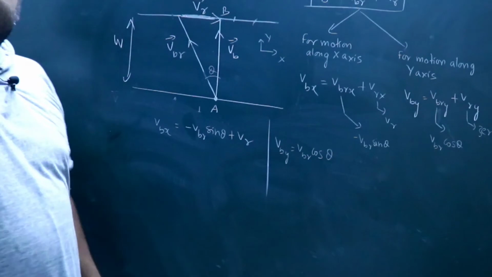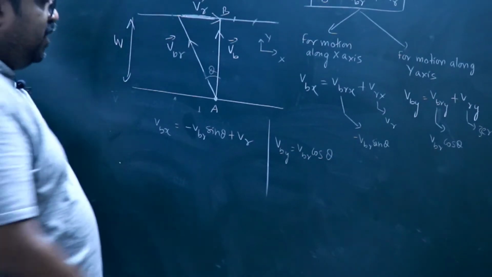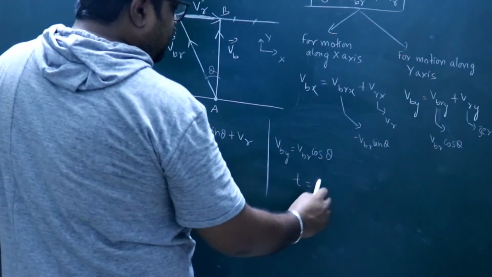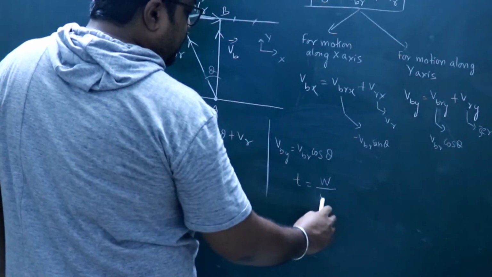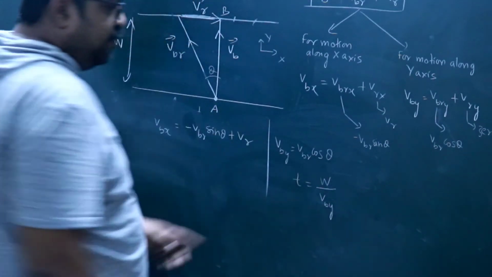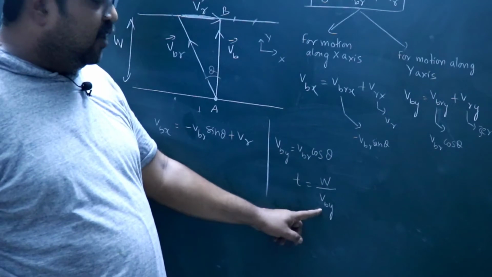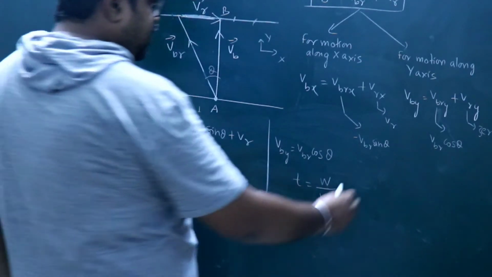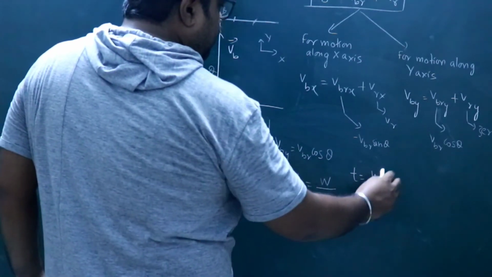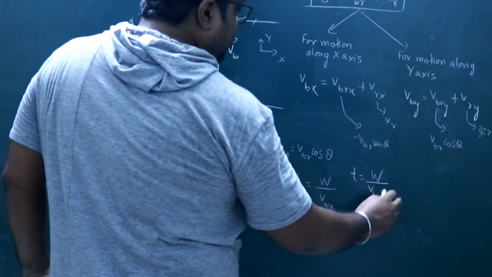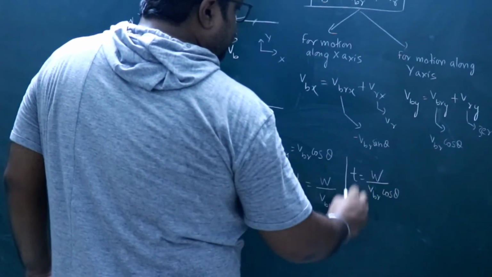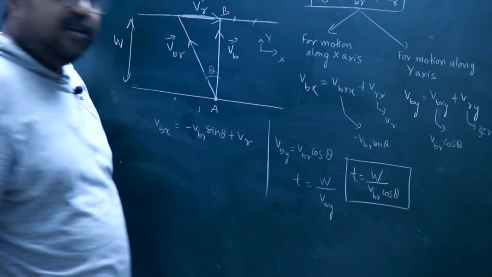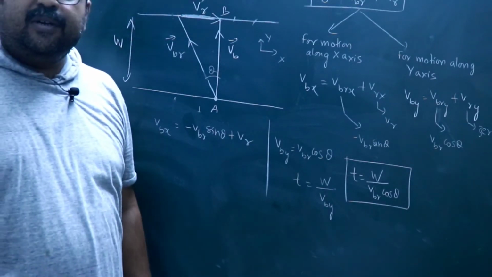If t is the time taken to cross the river, we can write t is equal to w by vby. This is the displacement along the y-axis and this is the velocity along the y-axis. So t is equal to w by vbr cos theta. This is the time taken to cross the river.